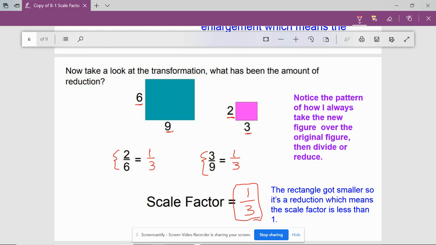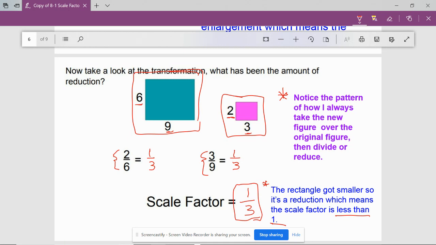Make sure that we're taking notice that we always take the new figure over the old one. Down here at the bottom, it says the rectangle got smaller, so it's a reduction, which means the scale factor is going to be less than 1. If we go from a larger shape to a smaller shape, then our scale factor is going to be less than 1.